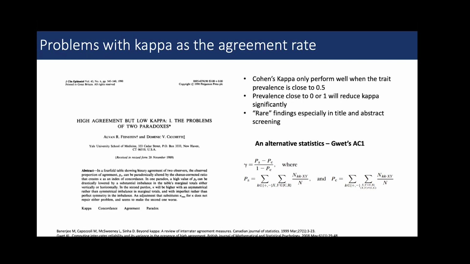So people have investigated and come up with a new statistic called Gwet's AC1. I'm also not familiar with how it actually works, but it has been shown by several studies to be a better alternative when the prevalence is either close to 0 or close to 1, and also for categorical traits.